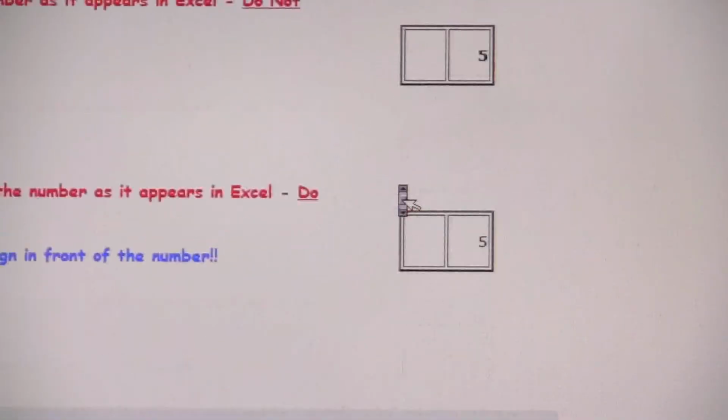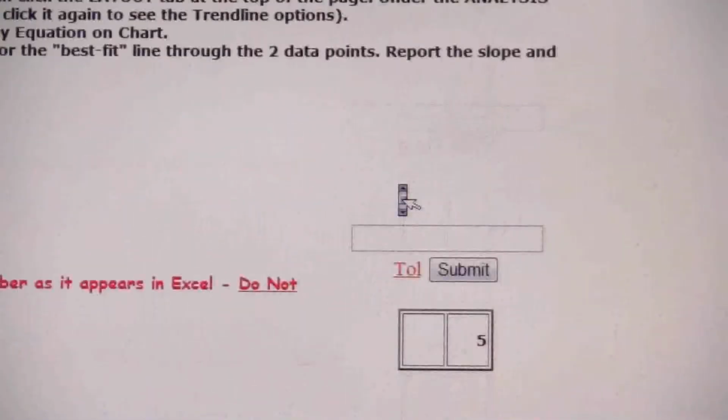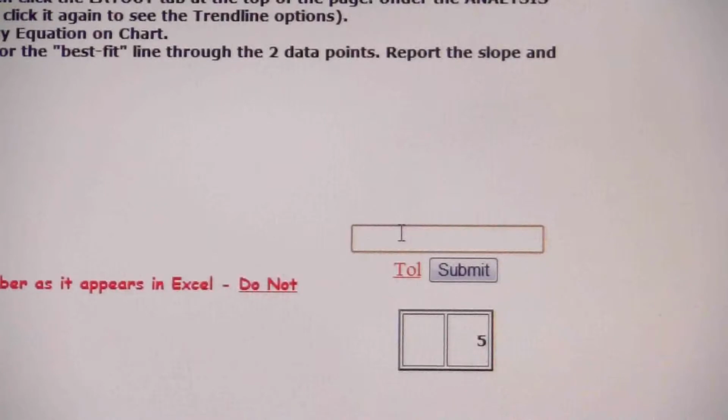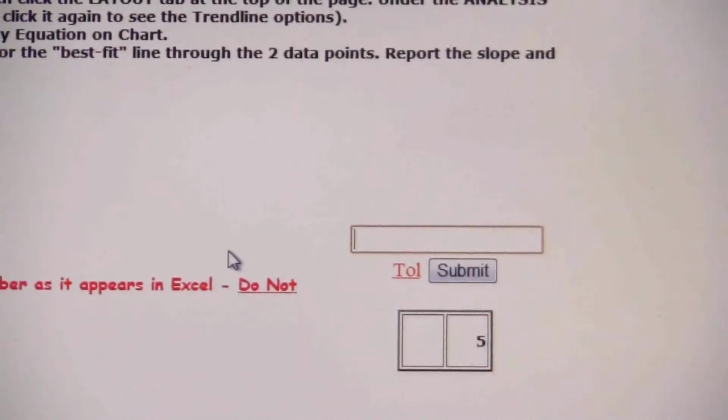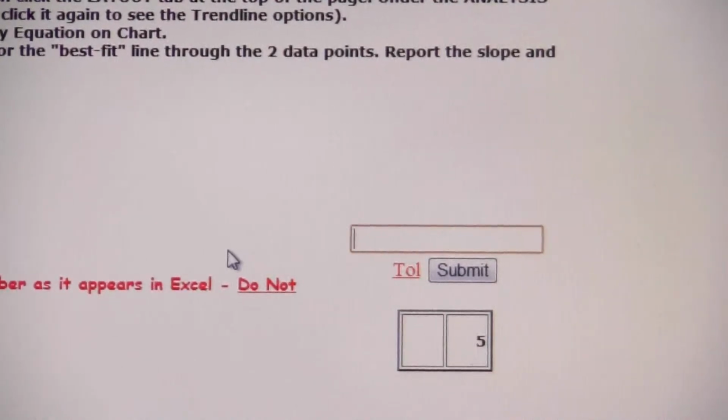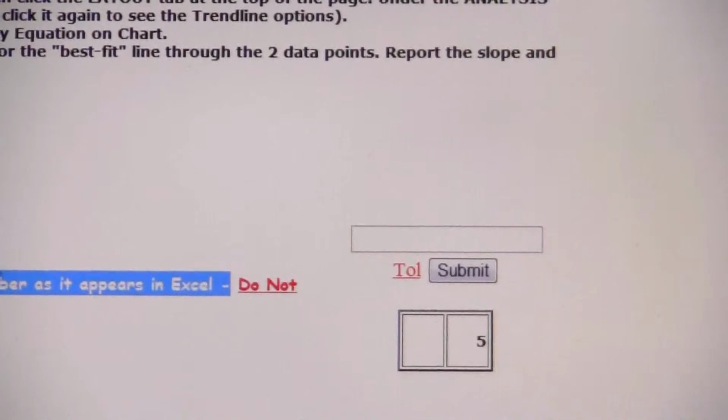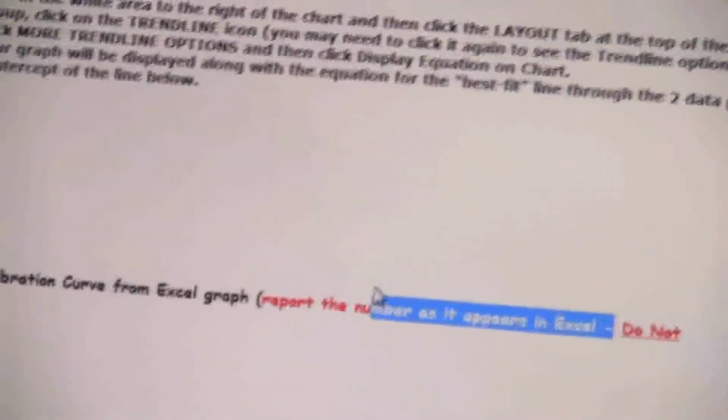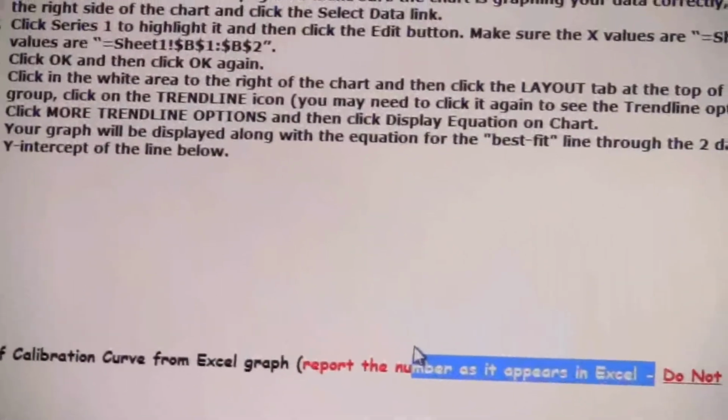Now these it does one at a time. All the other ones they're not showing yet. But here I have a box, and then the tolerances, don't worry about that, but then there's the submit once I get the number. Okay? So here, this is the slope of my calibration curve.